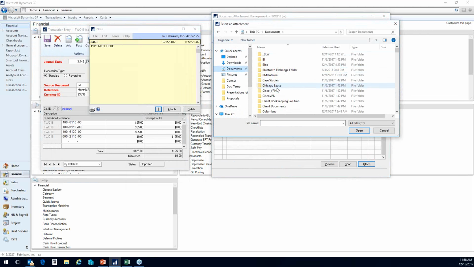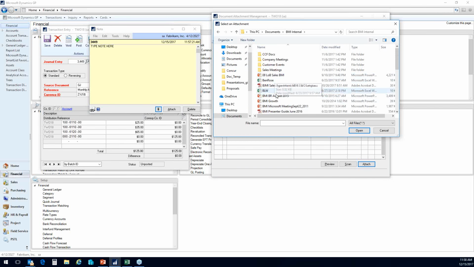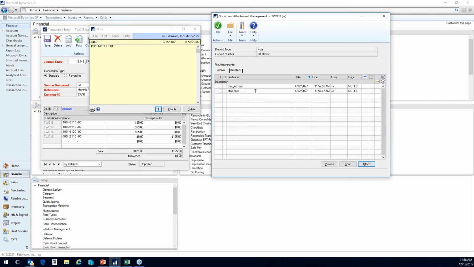If maybe on a vendor, I might want to put a W-9, and so I usually have our real W-9 here in my folder, but I might have moved it. But anyway, anything that is electronic can be attached. You'll notice that you can also scan directly into the document attachment window.